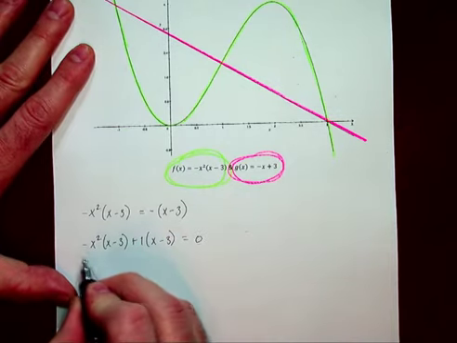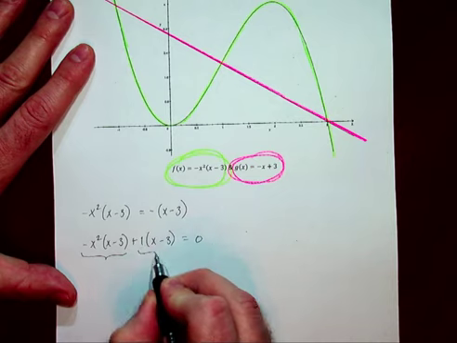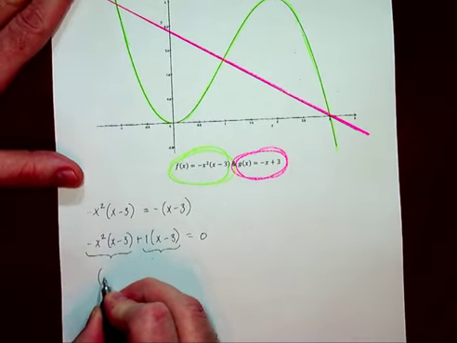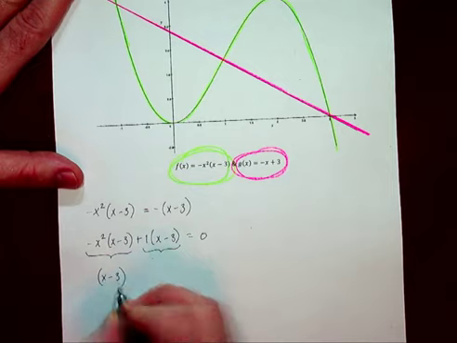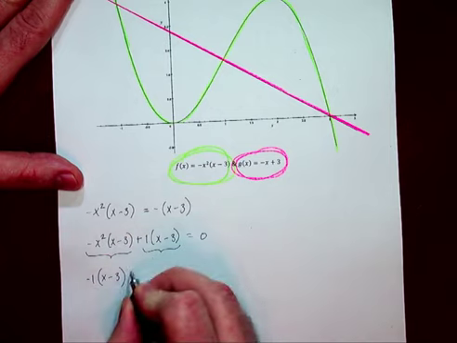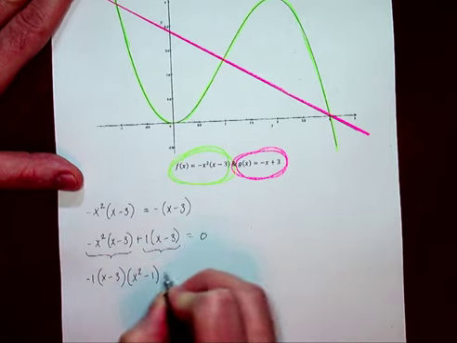If I have 2 terms, I can notice that the x minus 3 is common to them. And so if I have x minus 3, then I'm going to get negative x squared plus 1. Or if I pull out a negative 1 as well, I get x squared minus 1 is equal to 0.